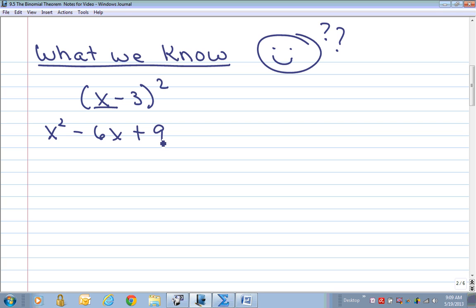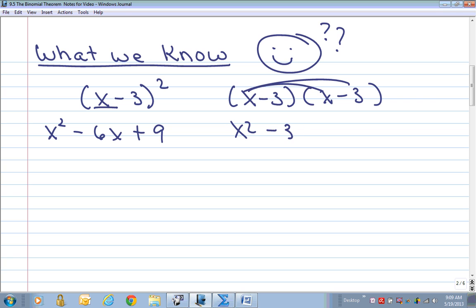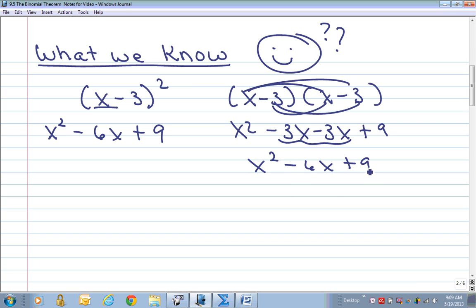That was a shortcut to FOILing. If we had FOILed, it would have been x minus 3 times x minus 3. We would have x times x is x squared, x times negative 3, negative 3x, negative 3 times x, negative 3x, and finally negative 3 times negative 3 would have been a positive 9. We would have combined like terms and gotten the same result, x squared minus 6x plus 9. This was a shortcut.